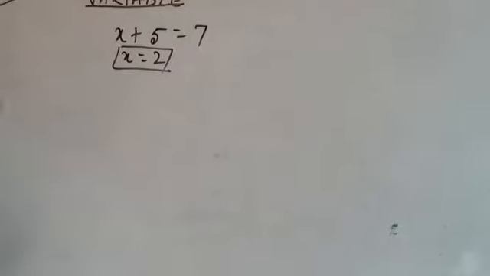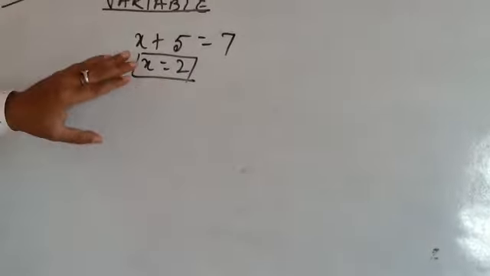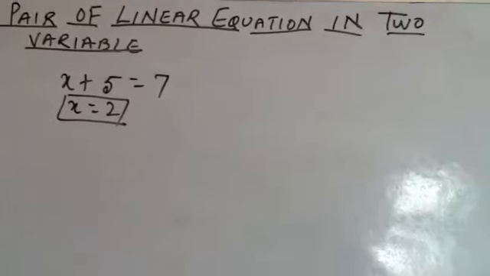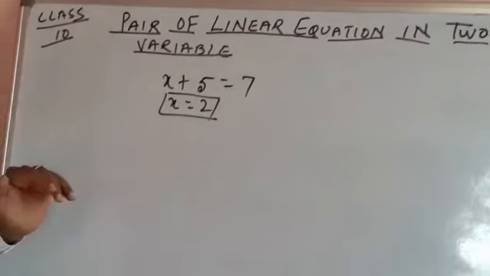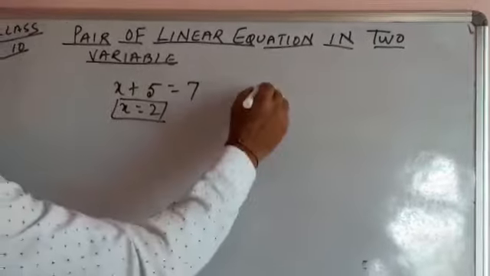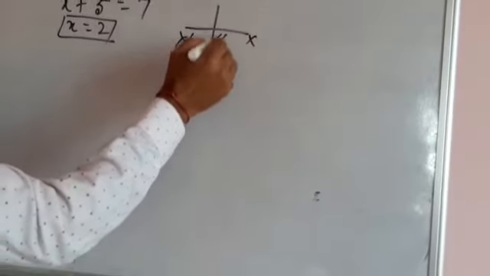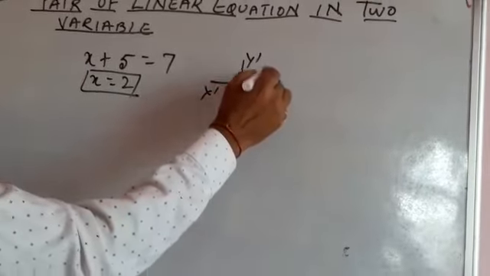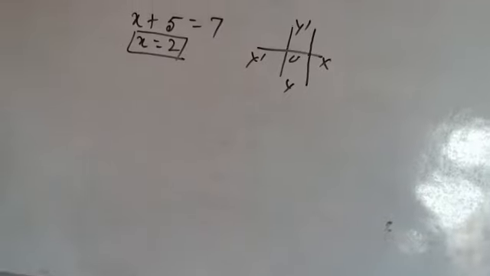How do we show this solution graphically? If you are told to represent x is equals to 2, or to draw the graph of x is equals to 2, what will you do? You will have this origin, this x-axis, this y-axis, and if this is 0, 1, 2, so this is 2. This is the graph of x is equals to 2.